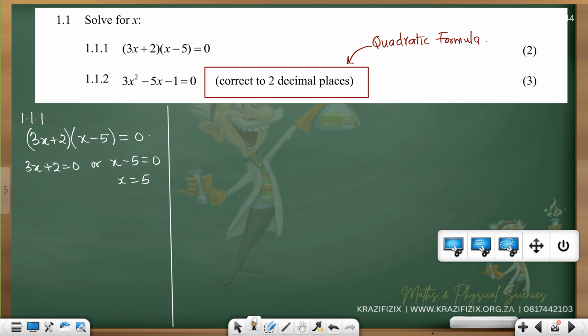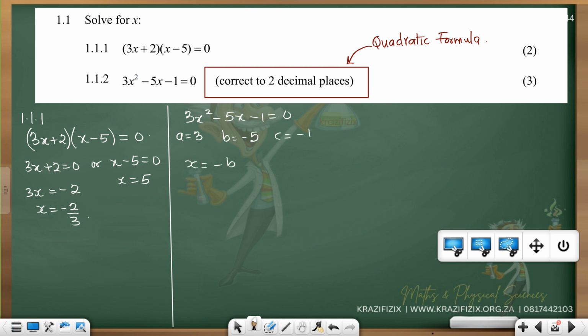Already I see x equals 5 and 3x equals negative 2, x equals negative 2 over 3. We are done there. But for this one, correct to 2 decimal places, I don't have to stress. My a is 3, my b is negative 5.